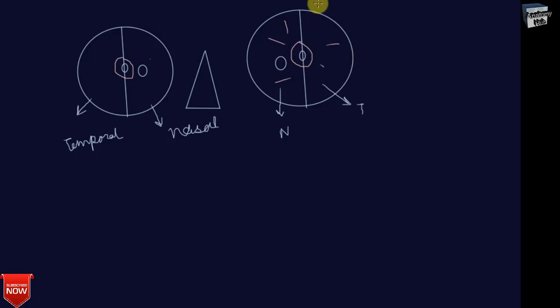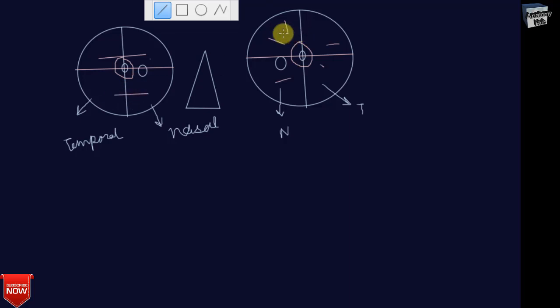Also, we can divide the orbit, or eyeball, into four quadrants by a line over here. If you draw a line in this way, you can say this is your upper quadrant and this is your lower quadrant.